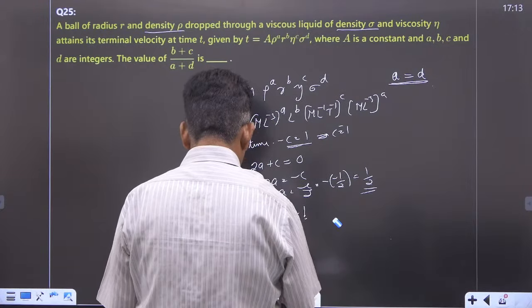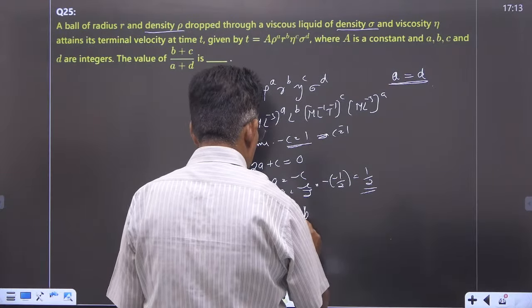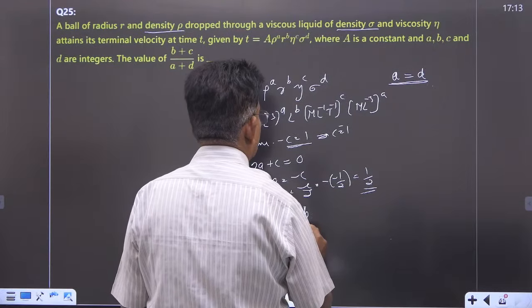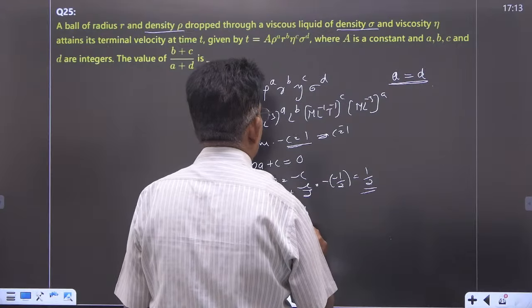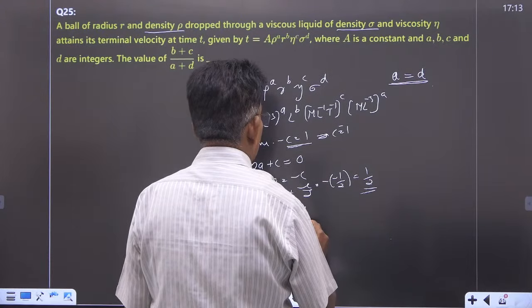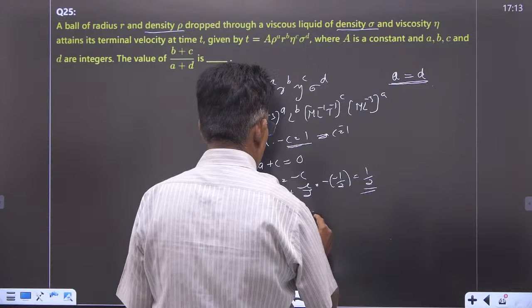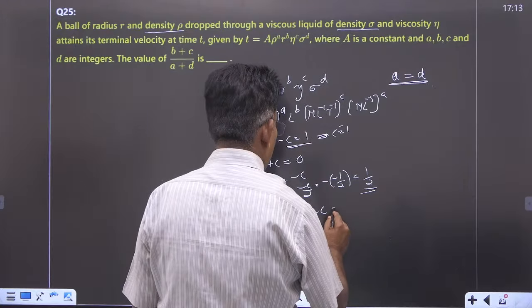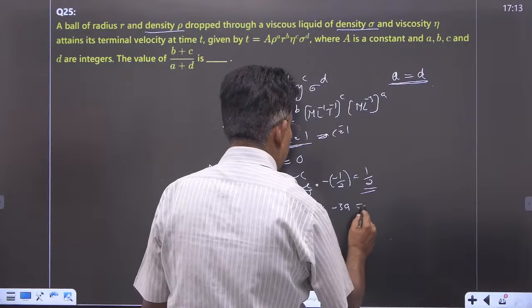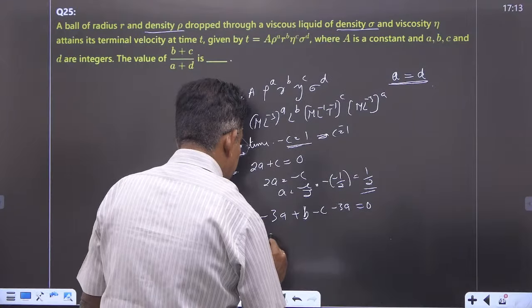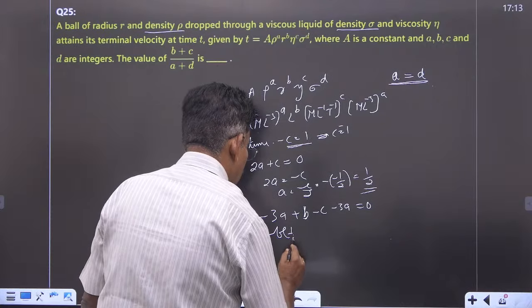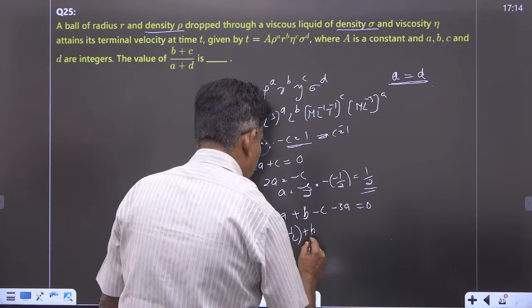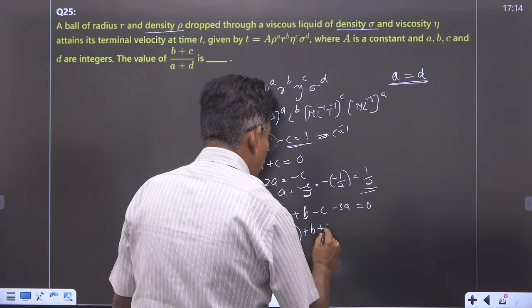Minus 3A minus 3A plus B minus C is equal to 0. This is minus 6A, A is half, plus B, C is minus 1. Minus 1 will become plus.